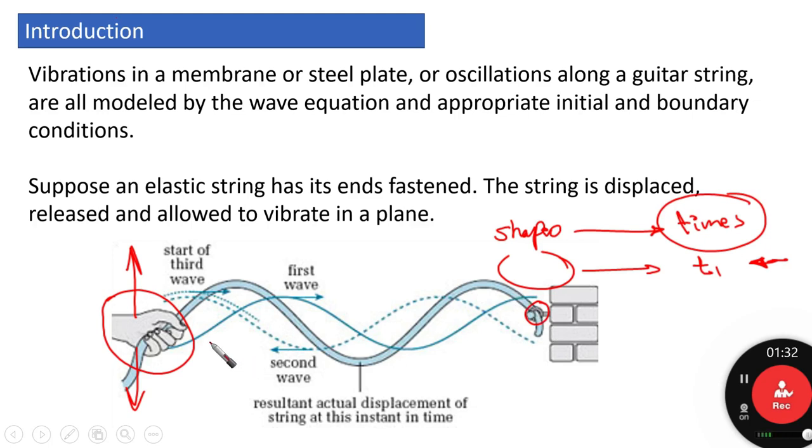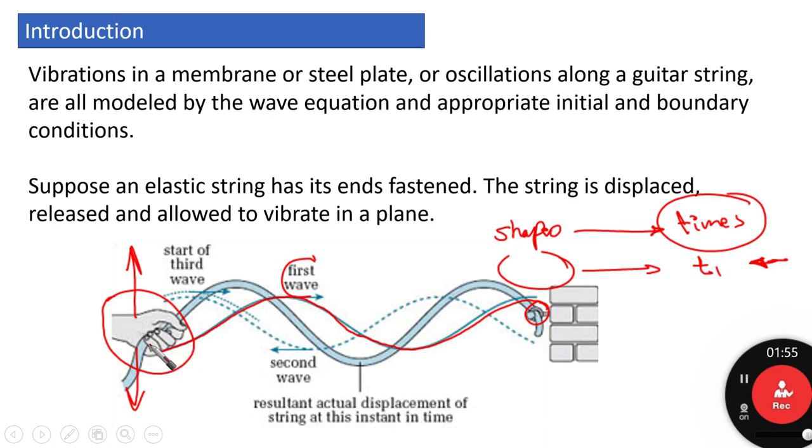Look at this first wave, for example. You're going to find that the rope is moving as you can see here. This is the shape of the rope when we move our hands up and down the first time.